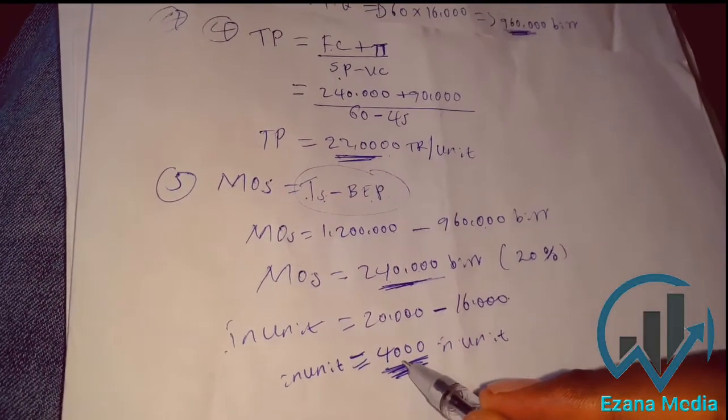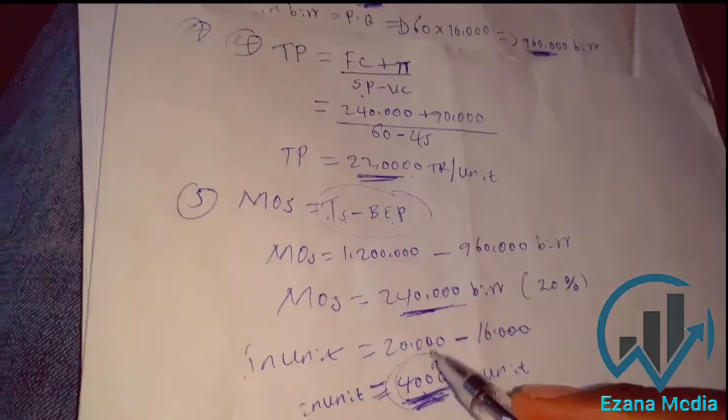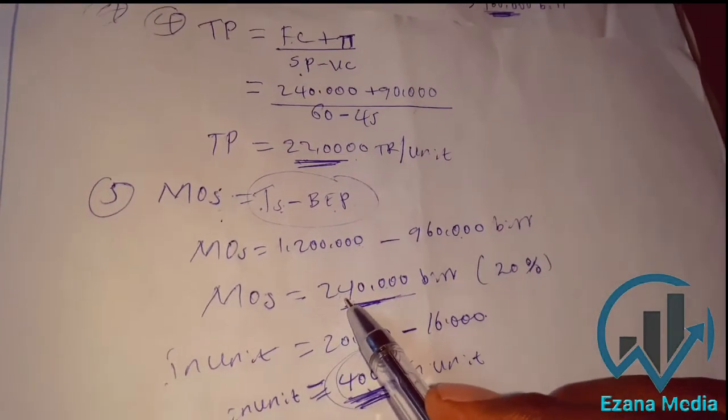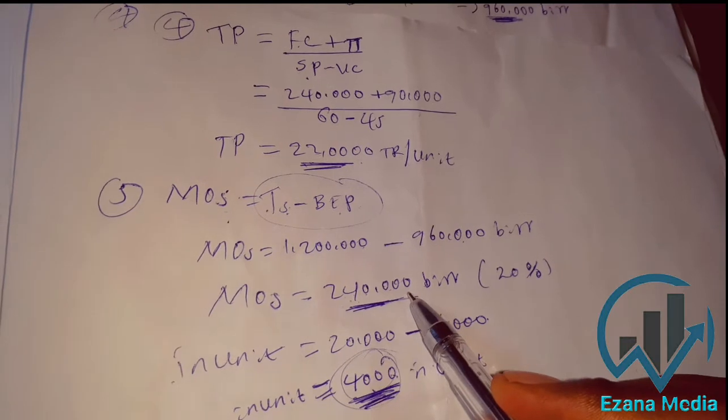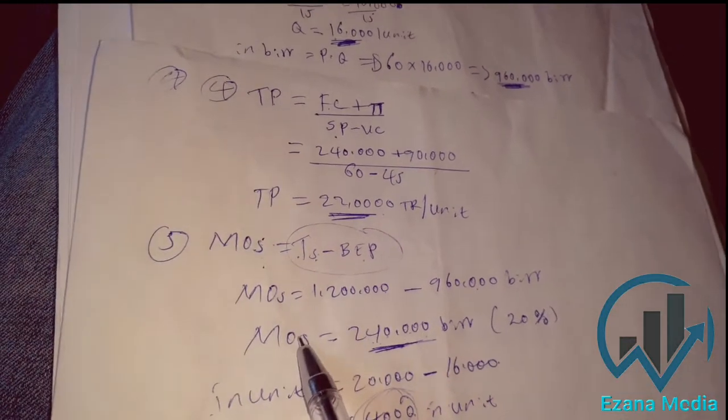This is MOS. This amount of units sold is where MOS, or margin of safety, is 240,000. That means 20% is sold.